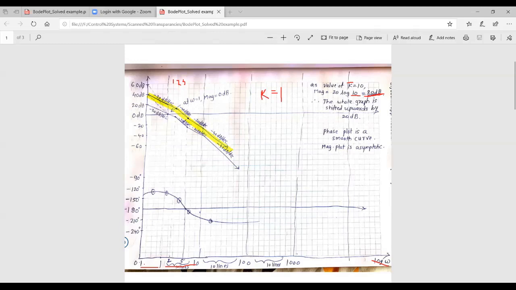So for the reference plot, we are considering that the value of K is equal to 1. We will add the effect of K in the end while plotting it. Okay, so now just concentrate on the plot which I am showing right now. I am highlighting. Now this yellow one is the final plot. Just ignore it for a while.